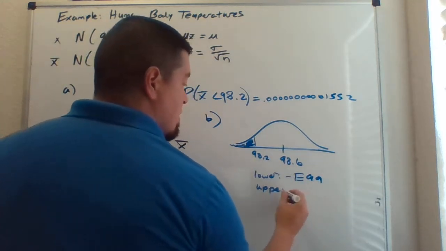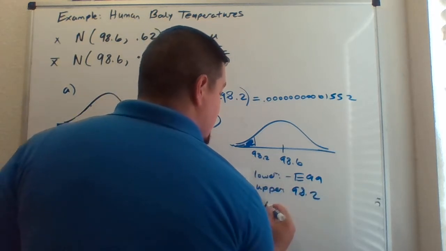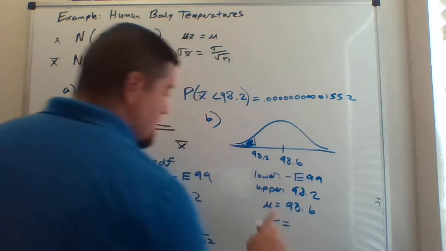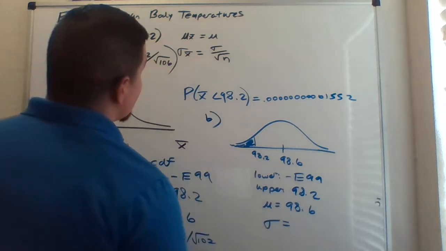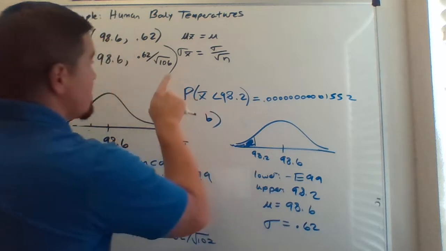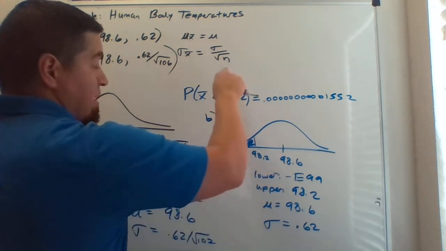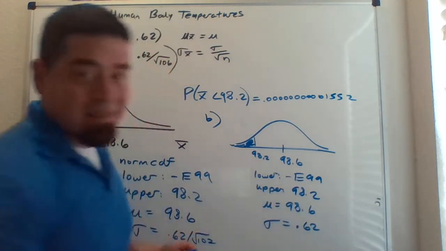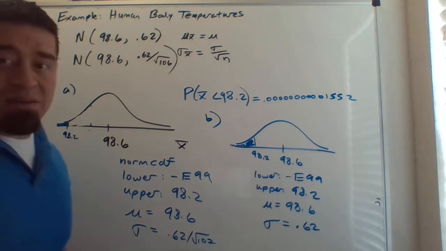The upper is going to be 98.2, and then the mean is going to be 98.6, but this is where it changes. For an individual, I want the distribution of the population. Now here's the thing. I could actually use an individual as a sample size of 1, so I can use 0.62 divided by the square root of 1, which in fact gives me the same exact thing, 0.62. So there's 2 ways of thinking of that. Input that into the calculator and you answer it.